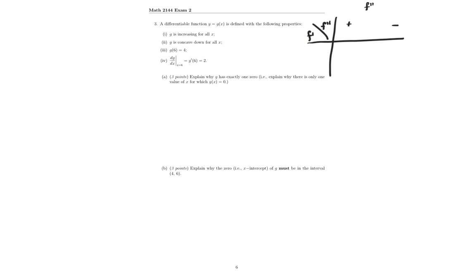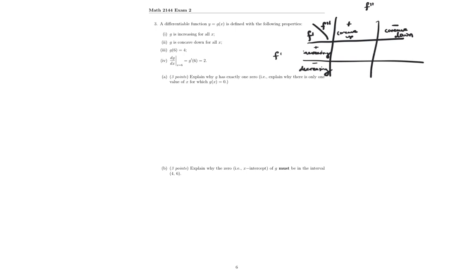So if f double prime is positive, we know we're looking at a concave up function. And if it's negative, it's concave down. And when f prime is positive, then my function is increasing. And when f prime is negative, my function is decreasing.